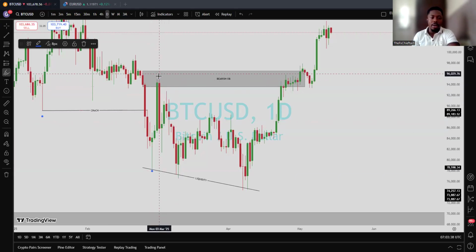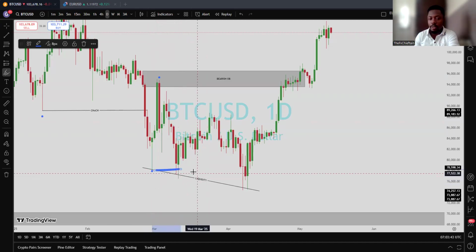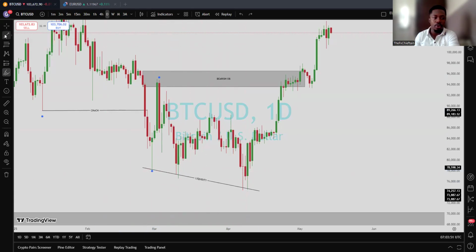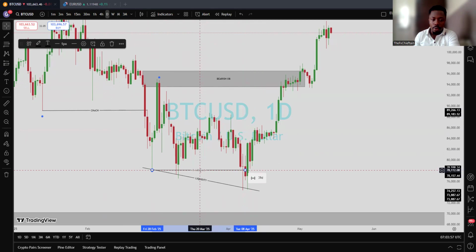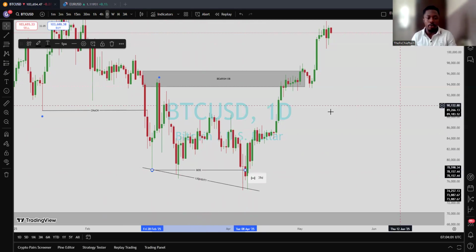Lower high. Then price rallied down, did not break. Liquidation does not count, right? And at some point it rallied up, then still broke. It broke at this point. So we're going to call that a break of structure, right? To the downside, a break of structure. Right. So I want to call this a BOS, a break of structure.